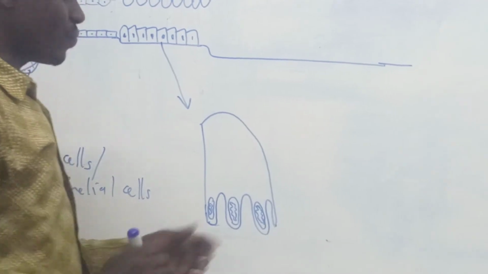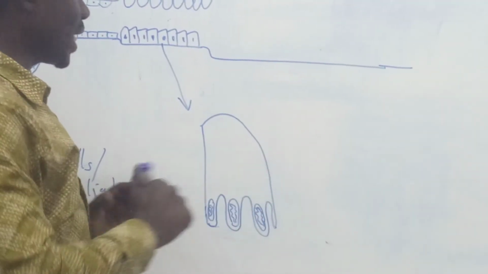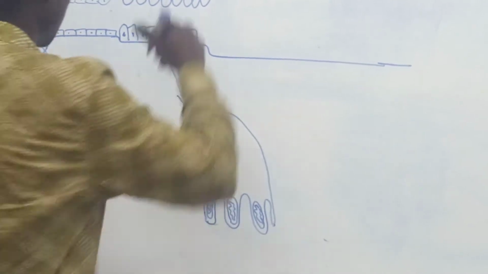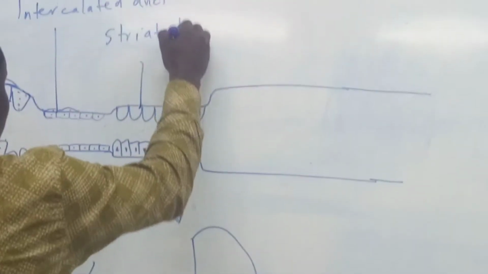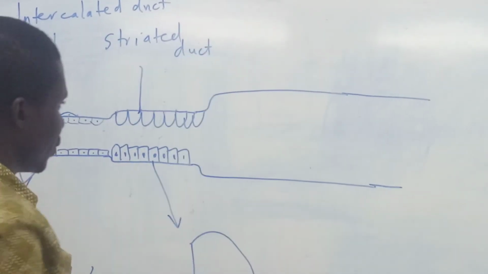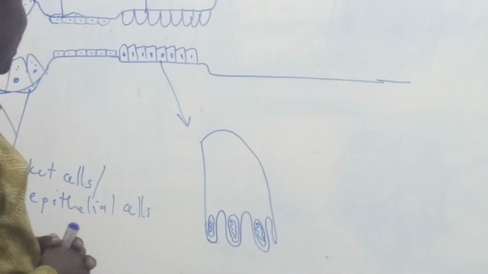So these basal foldings, as well as these mitochondria, give it a striated appearance. Therefore, we call this duct striated duct. So under the light microscope, if you are seeing ducts having this striation, that's striated duct.